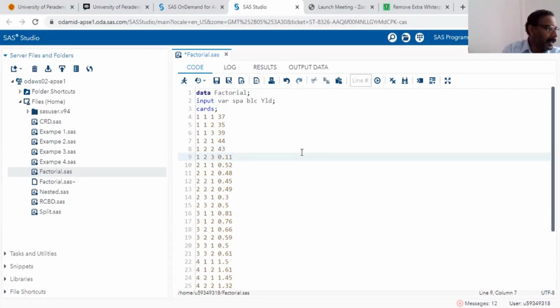It's easy to enter data in Excel. That is much better. Otherwise, you'll have to be careful.